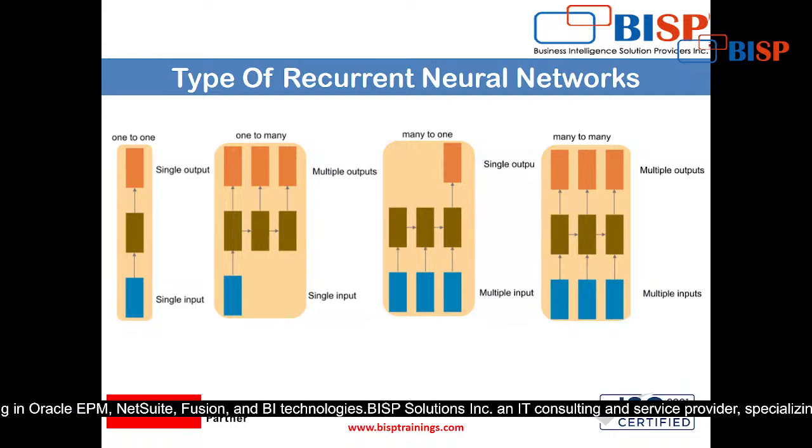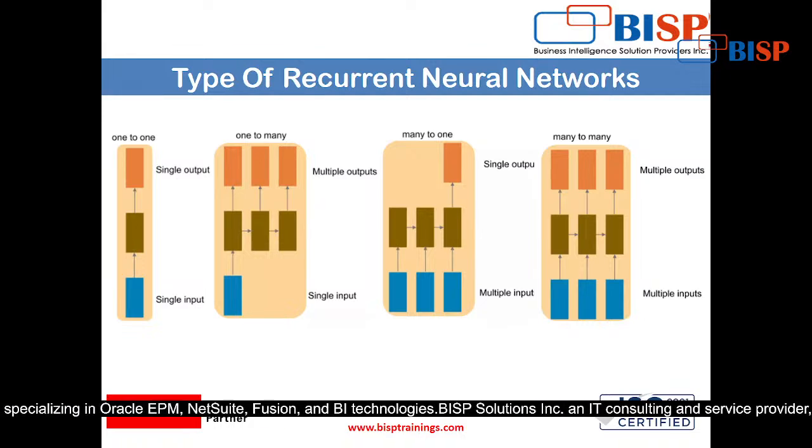One to many means I put one input, but there could be many outputs. For example, if I put in a building image, it could be a school building, a commercial building, or a government building. Many to one: on the basis of many images, I recognize that this is a particular person.